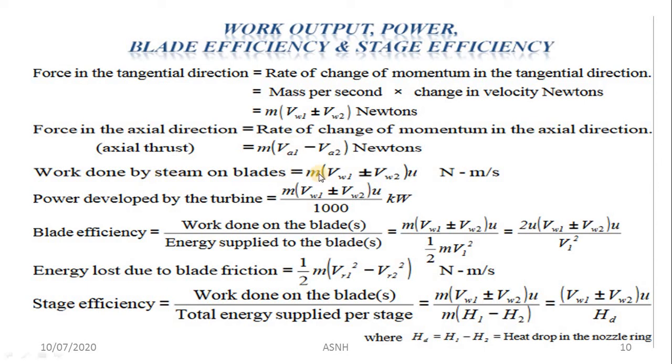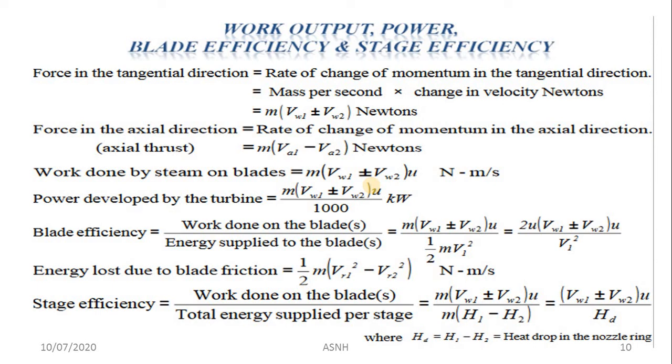So the formula is m (Vw1 plus or minus Vw2) into u, where m is the mass per second, Vw1 is the whirling velocity at inlet, and Vw2 is the whirling velocity at outlet. Why the plus and minus sign here? On the basis of the velocity triangle, we can choose the plus or minus sign. If the outlet velocity triangle comes inside, then we will take minus.